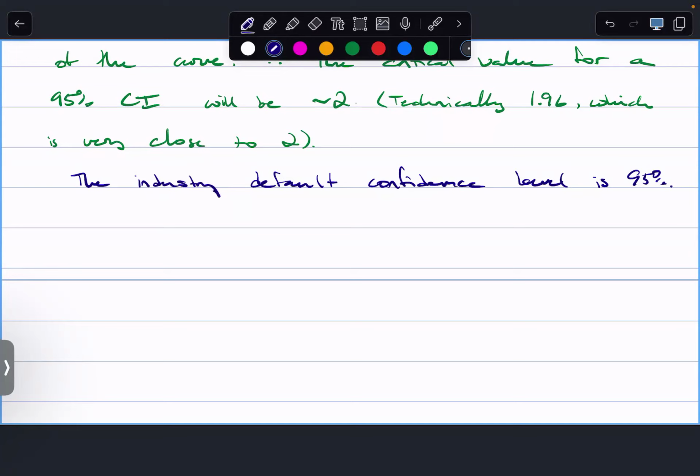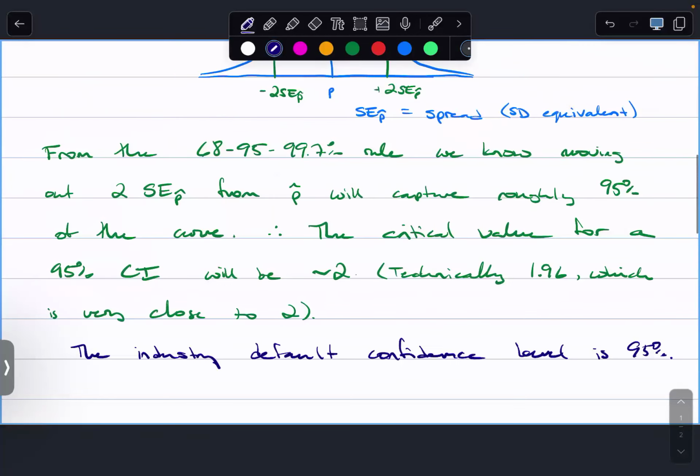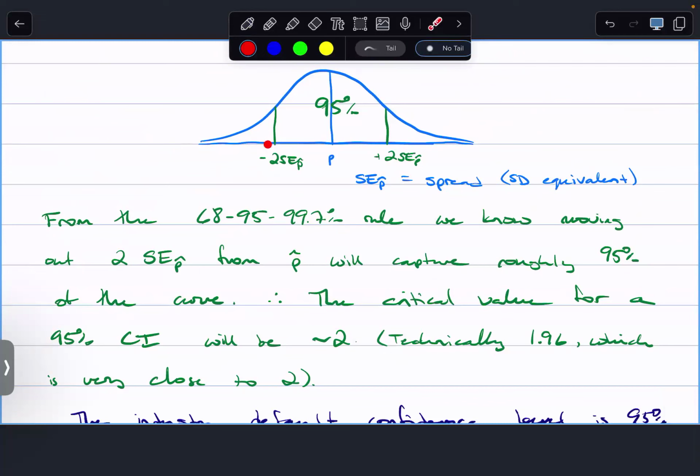So a 95% confidence level, it's been decided that that's an appropriate trade-off between precision and confidence. And we need this trade-off, because what would I need to do in order to increase my confidence? Let's go extreme. If I wanted to be 100% confident, I'd have to go to negative infinity and positive infinity, and that's not very helpful at all.